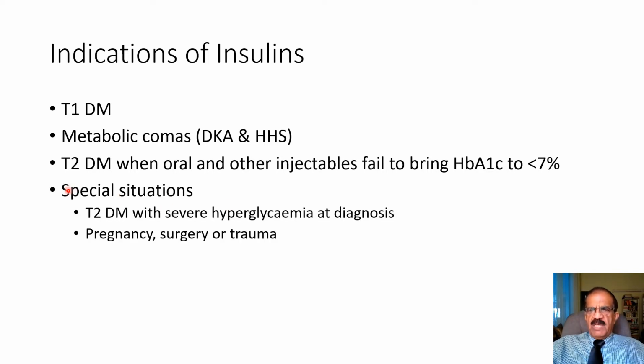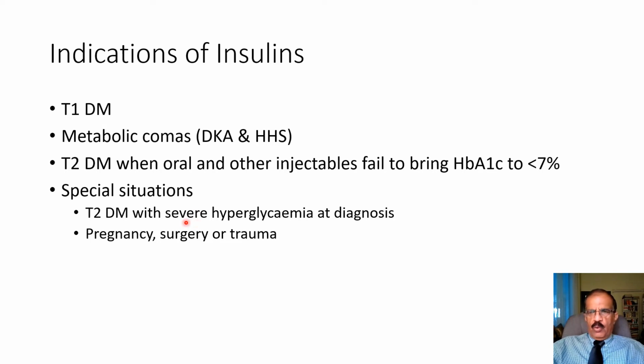And then there are some special situations, like a type 2 diabetes patient with severe hyperglycemia at the time of diagnosis. Somebody comes with sugar of like 500 or 400, with recent weight loss, polyuria, polydipsia, and I think it makes very good sense to start insulin with oral agents.